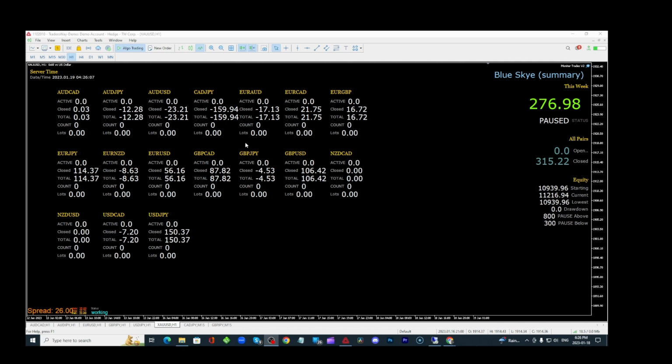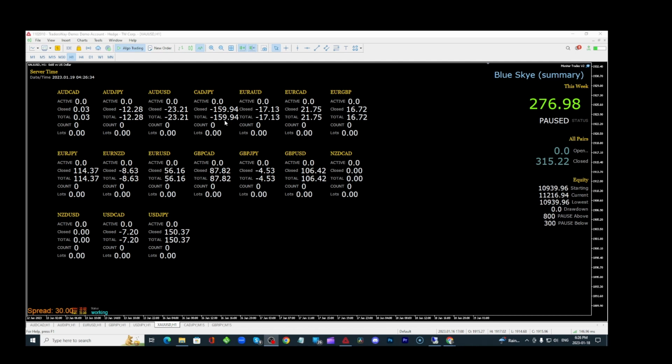As you can see from here, the pair that really hurt us was CAD yen. We can't really review it in strategy tester to watch what happens for another day or so, because it takes that long for the tick data in strategy tester for me to be able to play this out.